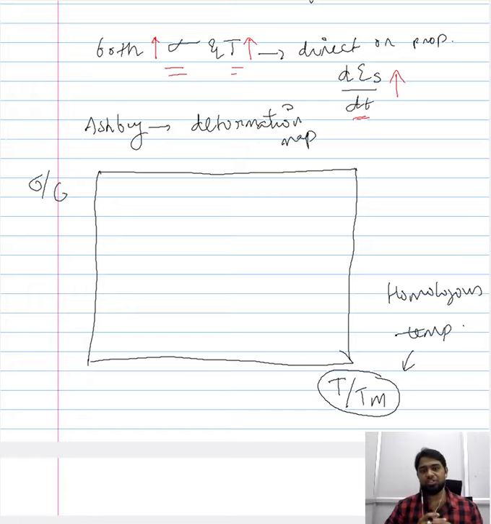So what essentially Ashby did is, for different combinations of stress and temperature, he found which mechanism is operational, by calculating the steady state creep rate, and he plotted a map which enables us to understand which creep mechanism is operational for a given stress and temperature.